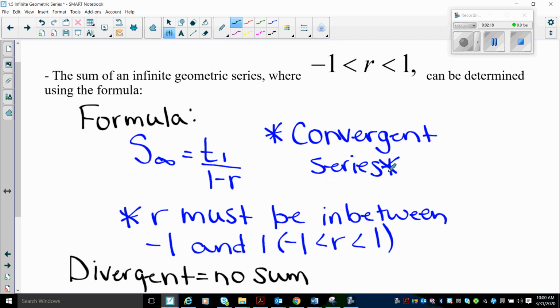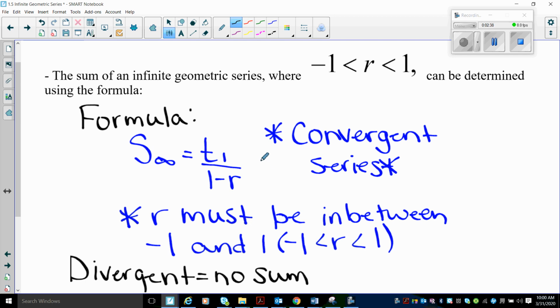With the formula. The formula is very similar to the ones we've been doing, and it's actually a little bit easier. In order to calculate the sum, the r value has to be between -1 and 1. So your common ratio needs to be between -1 and 1. If it's not, then you'd say it's divergent, and you would not use this formula.